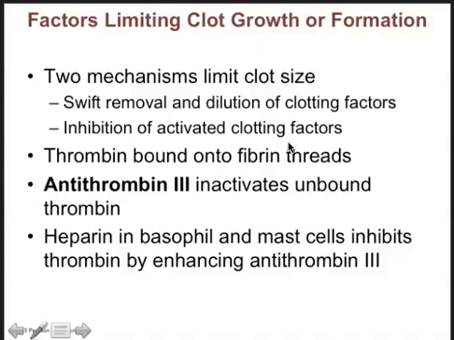Heparin, present in basophils and mast cells, also inhibits thrombin by enhancing antithrombin 3. Heparin is a member of a class of drugs called anticoagulants. Basically the way these components work is that they inhibit the clotting cascade and they decrease blood viscosity.